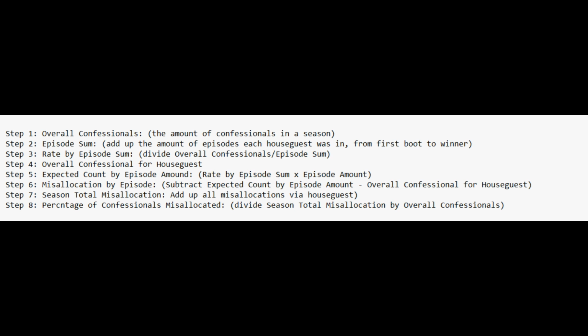The second boot would have lasted 8 episodes, and the third boot would have lasted 11 episodes. So I do 5 plus 8 plus 11 up until the first place person who lasted for, let's just say, the season's 30 episodes. I'll add plus 30 for the winner, and once I add the amount of episodes each contestant was in during that season and you come up with a number, that will be the episode sum.